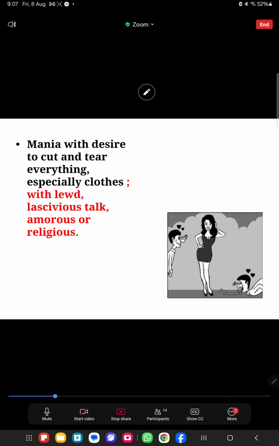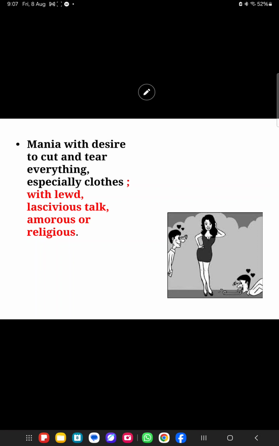Mania with desire to cut and tear everything, especially clothes, with lewd, lascivious talk, amorous or religious. What I have already said. If we talk about the mental symptoms mentioned in J.T. Kent, the name of the book is Lectures on Homeopathic Materia Medica, the mental symptoms are marked by violence and destructiveness.